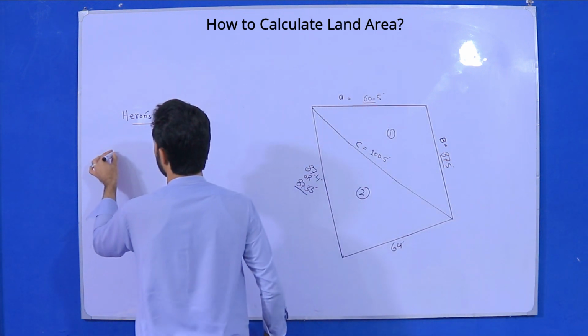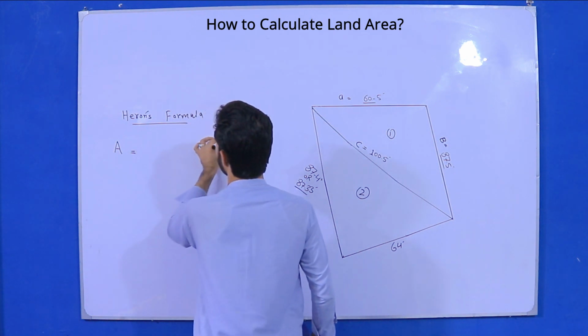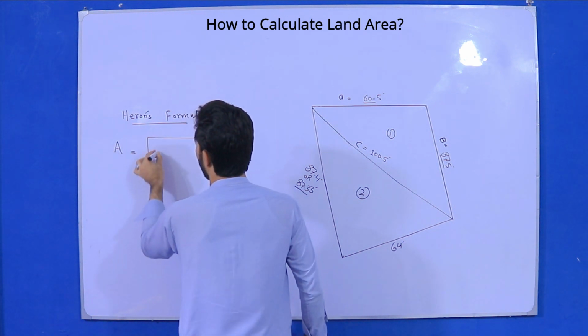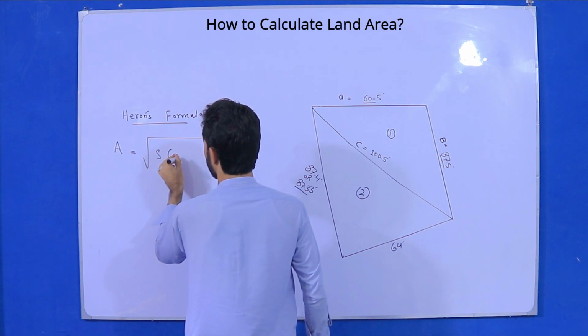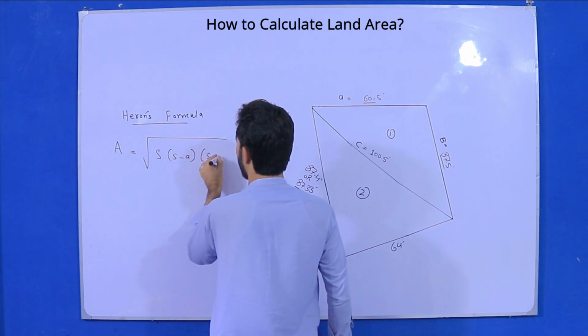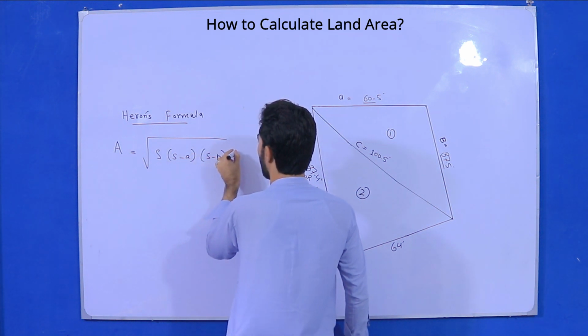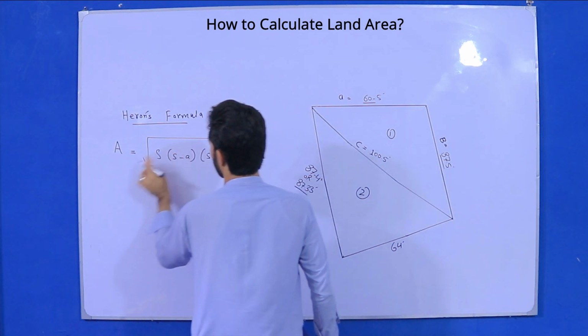Heron's formula is, guys: A, where A stands for area, equals the square root of S into (S minus A) into (S minus B) into (S minus C). The square root is important.